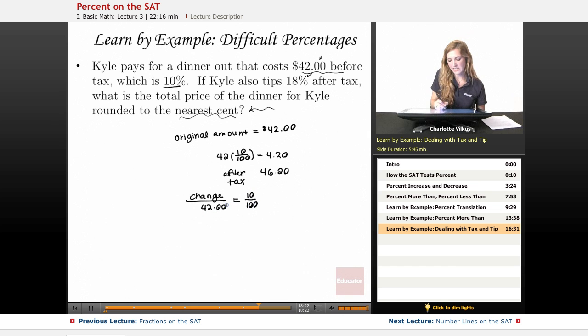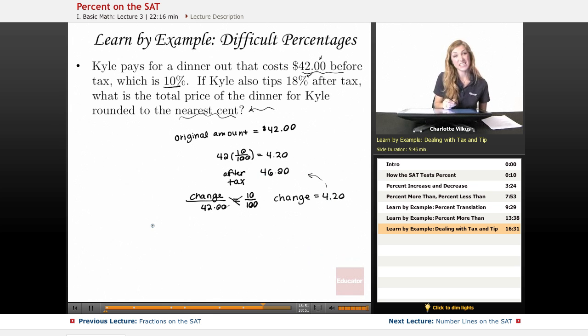And if we do this out with cross multiplication, basically we're going to multiply 42 by 10 and then divide it by 100, which means that our change is going to equal $4.20, which is the same amount that we got here. And in that case, we can also figure out the after-tax amount by doing the same thing, adding the change to the original, and we're going to get $46.20 again.